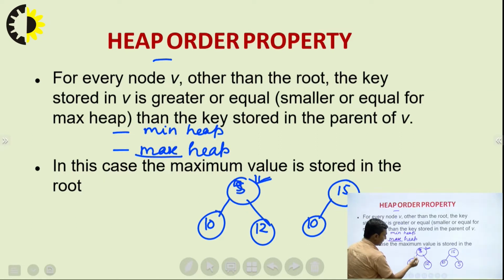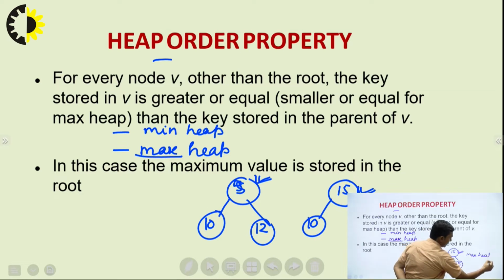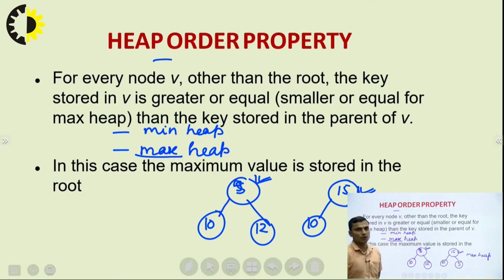So 5 is less than 10 and 5 is less than 12, and these are the left and right children of this node. Similarly, this root node has a value which is higher than the values of its children. So at every point, when each node has a higher value than its children, it is known as max heap, or we can say it follows the max heap order.